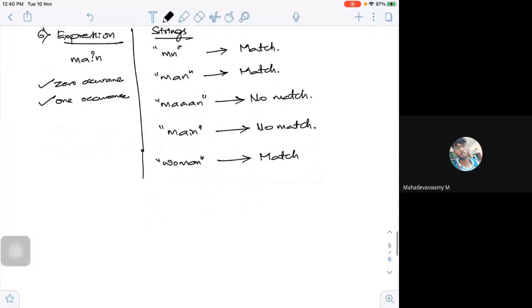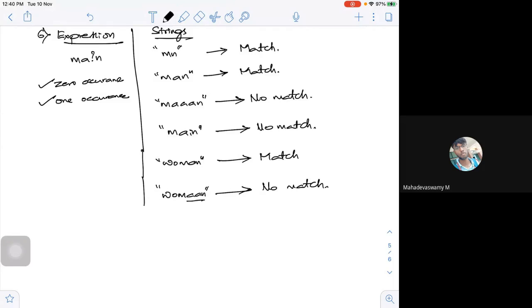Suppose the same thing, if some typo error is there, like UMAAN, it is no match. Why? I'm looking for either no occurrence or only one occurrence. Here it's actually 2 times. So this is how your regular expression is used to search.